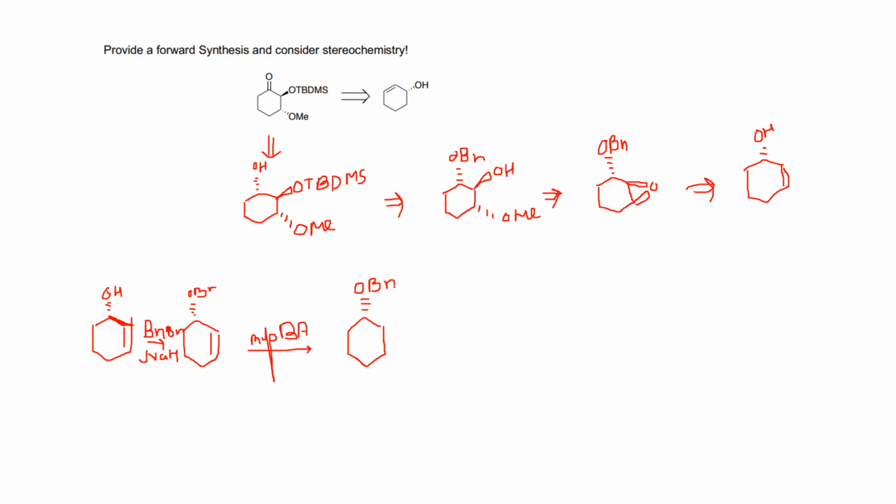But as this is an ether, the epoxidation obviously will be on the opposite plane of this ether group. There is no such hydrogen bonding that will take place here. So it will form this one.